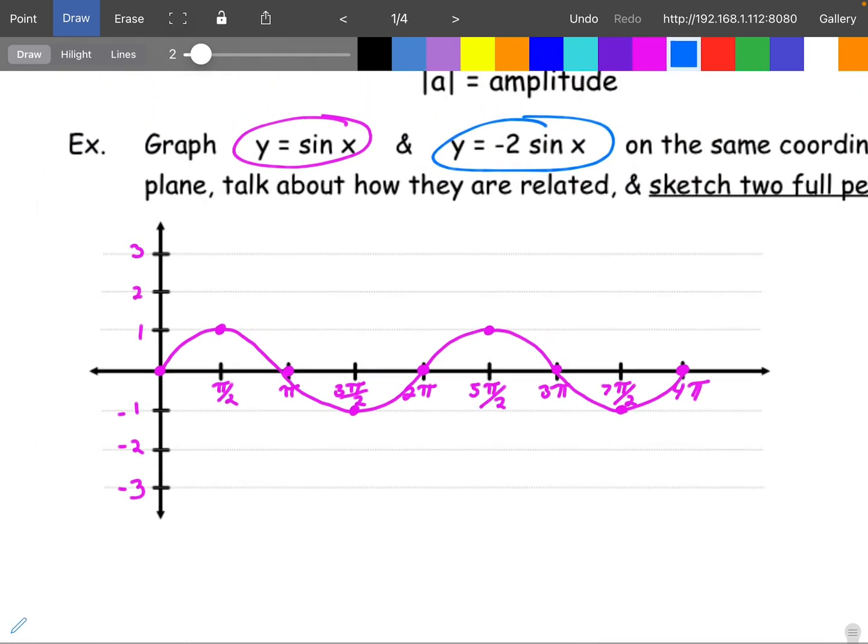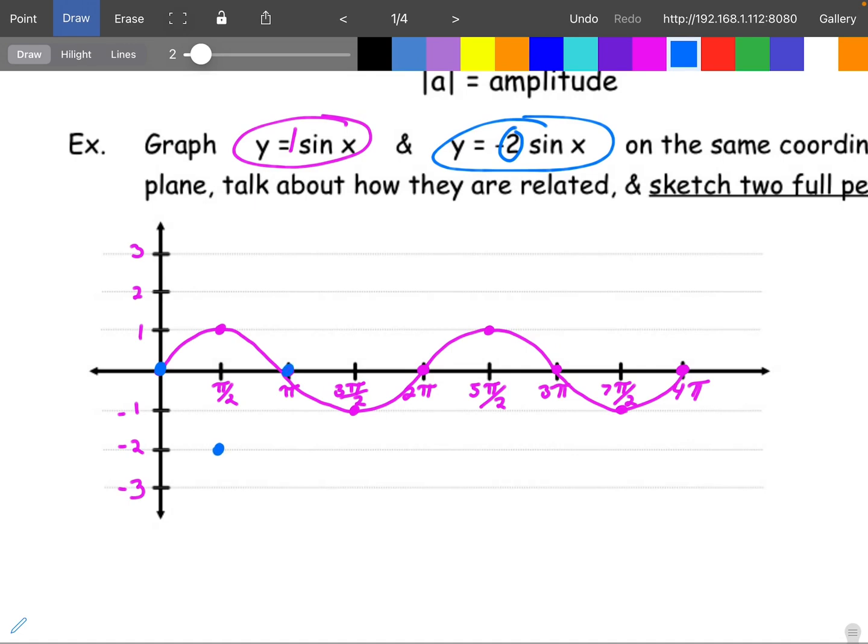Now we want to do the transformed function. So we know that it's going to be upside down. So instead of starting at 0 and going up, we're going to need to go down for that first point because it's reflected. Then instead of going up 1, I need to go down 2. So I'm still going to start at 0. However, instead of going up 1, it's going to go down 2.